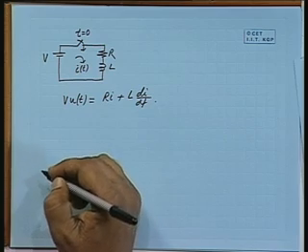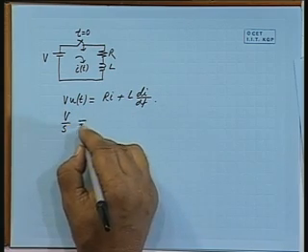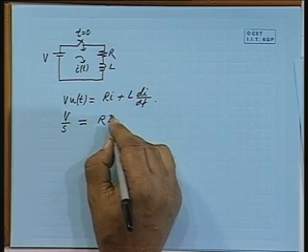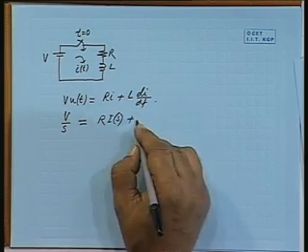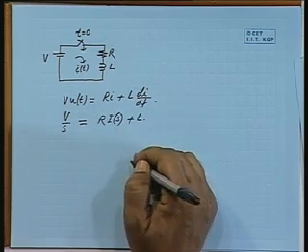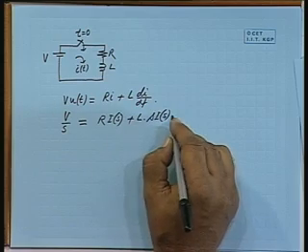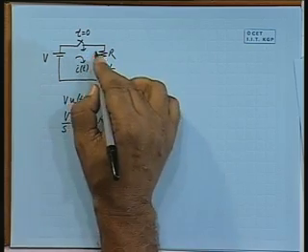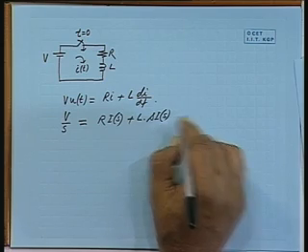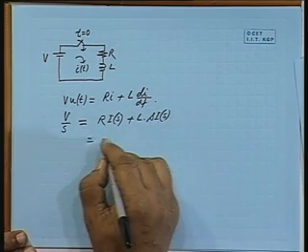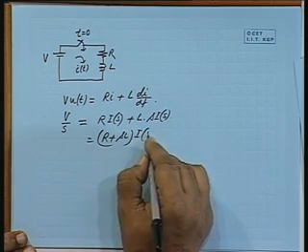If I take Laplace transform on both sides, it will be V by s, and on this side it will be R I(s) plus L times the Laplace transform of the derivative, which is s I(s) minus i(0). If I assume the initial condition to be 0, then i(0) is 0, so that will not come. So, it is R plus sL into I(s).